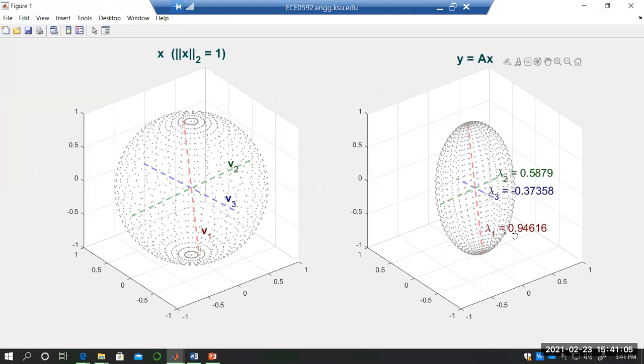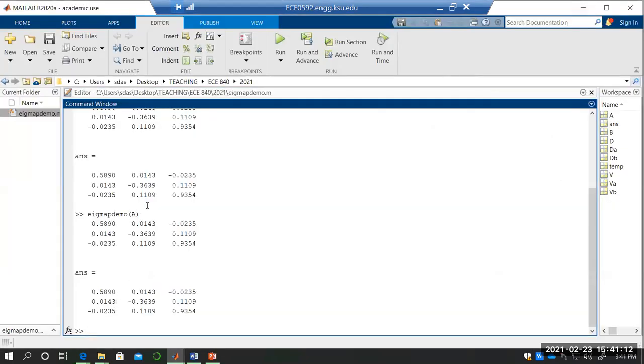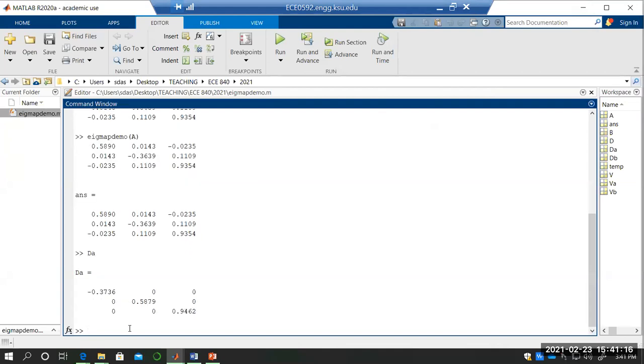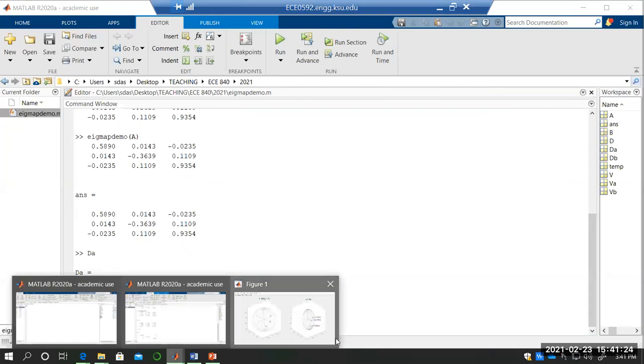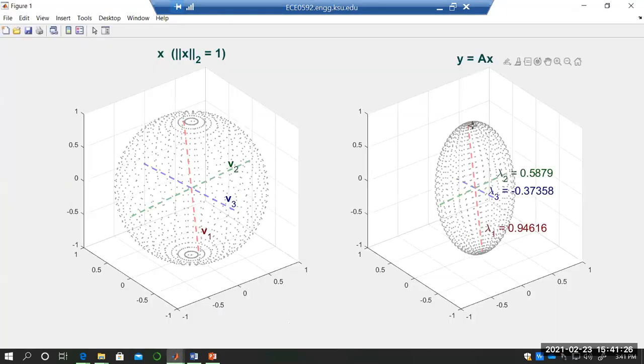And the length of this will be equal to 0.94616, which is in fact the, what is it, the largest eigenvalue numerically, okay? And you see the maximum amount of stretching occurs here around this first eigenvector, this direction.